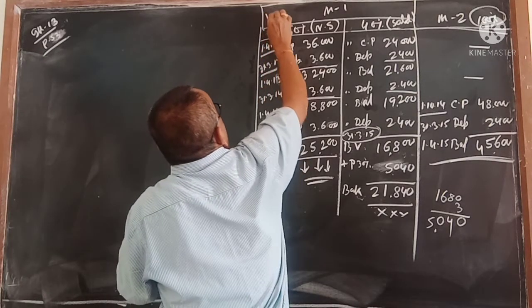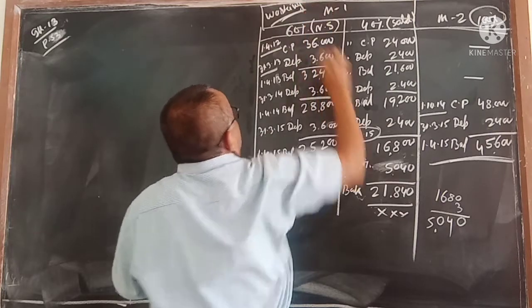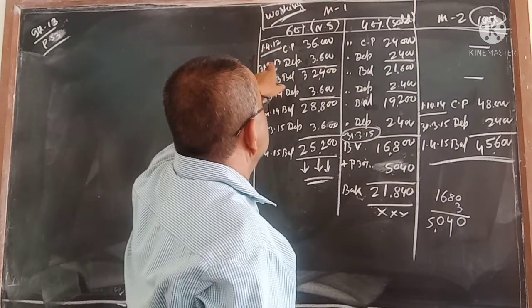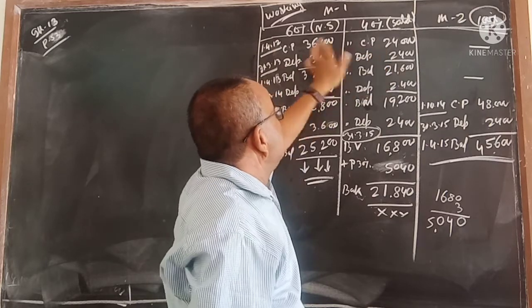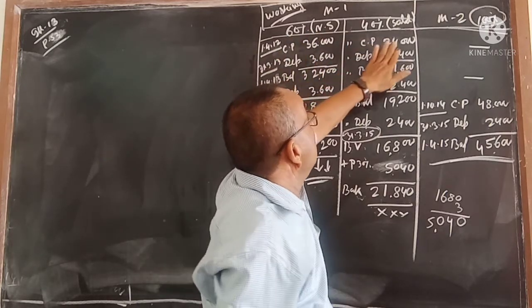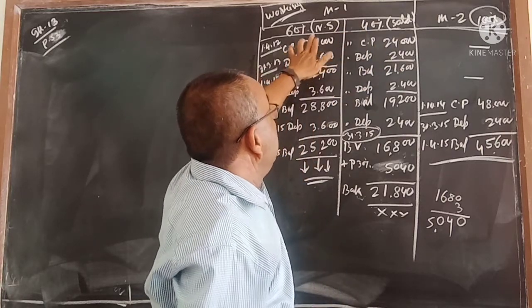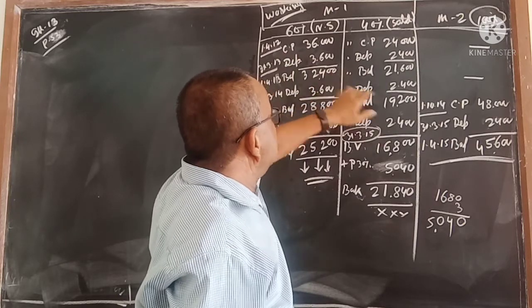Machine 1, whose CP was 60,000, that is 36 plus 24. I made it 60% and 40% from the beginning because this is the sold part, this is the not sold part. NS means not sold. Now 6,000 depreciation will come.